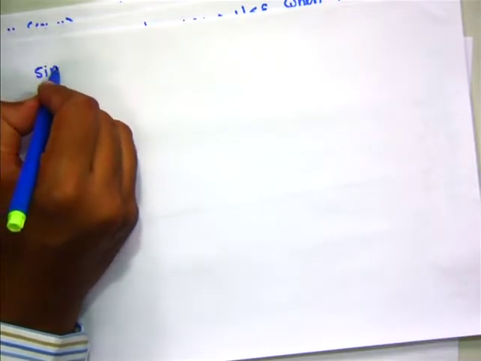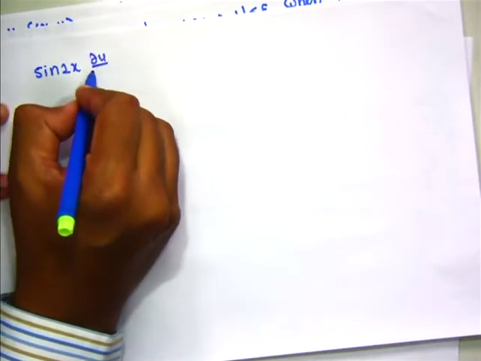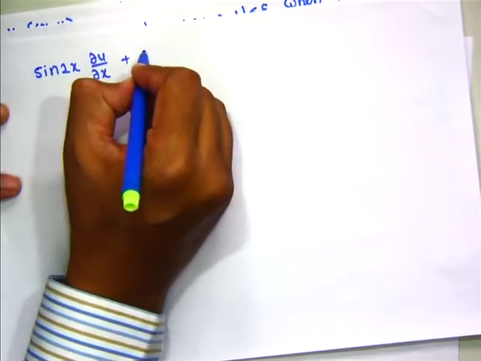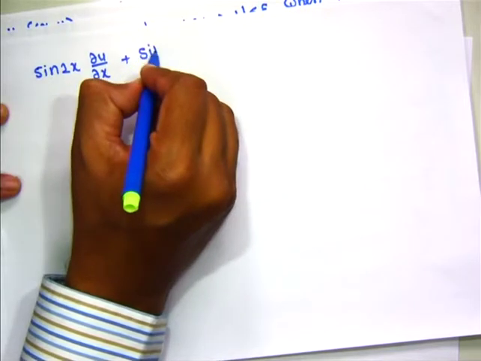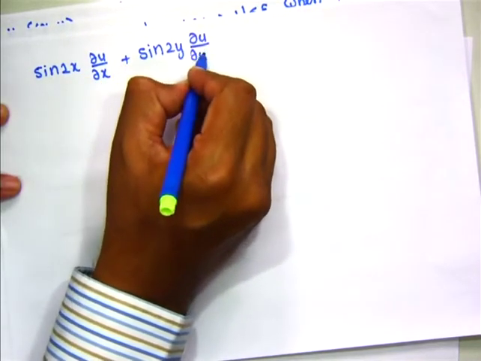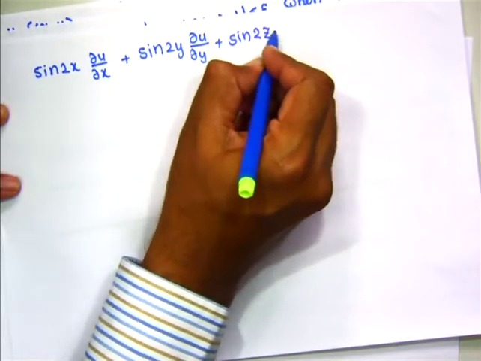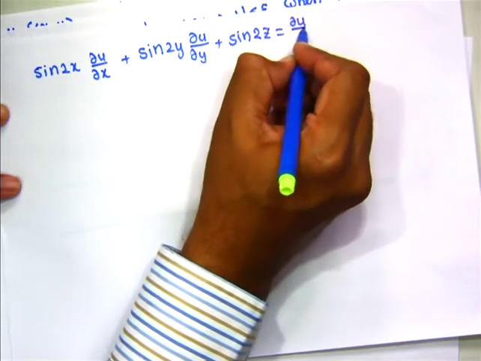So this is the value of the first result, and now we have to find the value of sin 2x into del u by del x, plus sin 2y into del u by del y, plus sin 2z into del u by del z.